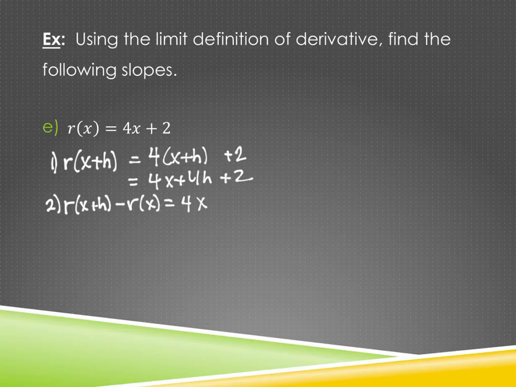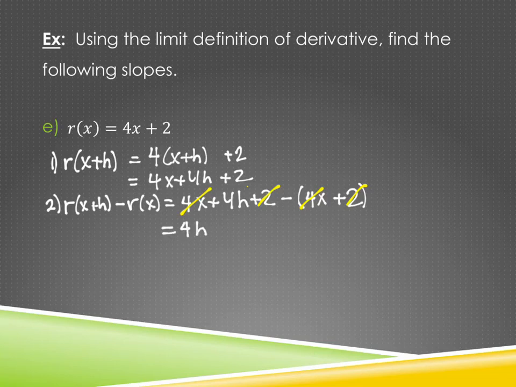So that's 4x plus 4h plus 2, and then minus 4x plus 2, because that was the original equation for r of x. The 4x's cancel. The 2's cancel. That leaves me with 4h.